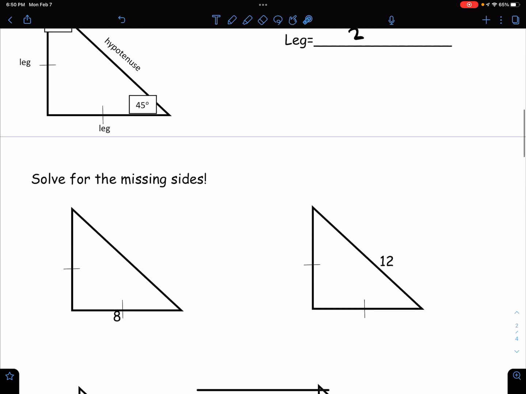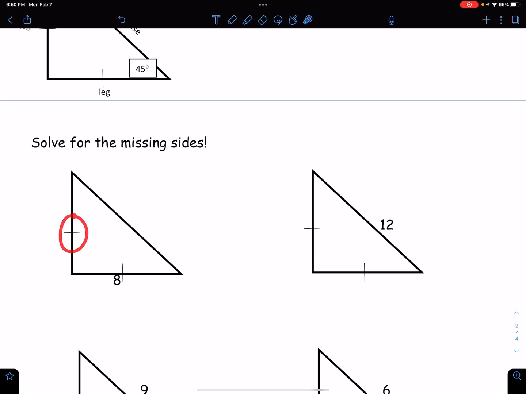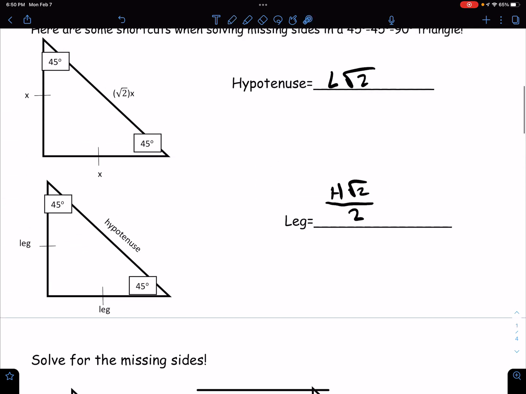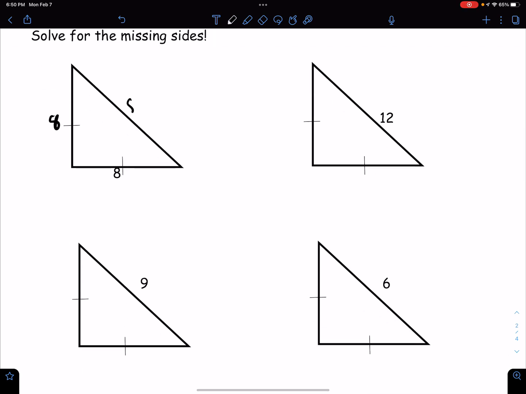Right, so now we have to solve the missing sides. In this triangle here, I know that this one is 8. And I know that my hypotenuse is my leg times the square root of 2. So I know that this one is 8 times the square root of 2.